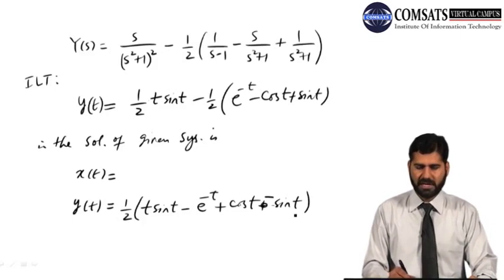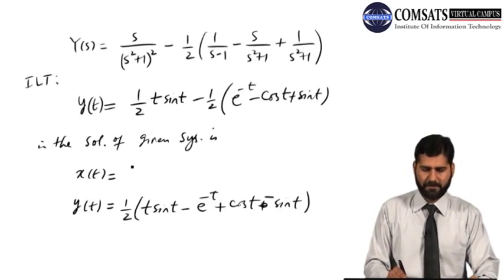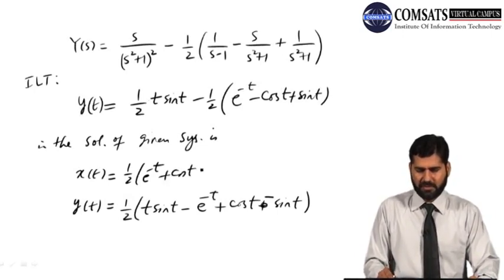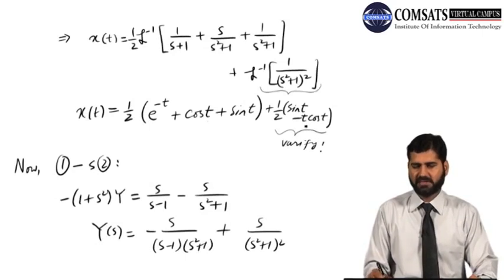This is your solution, and x of t was, again, 1/2 is common over there as well: e to the minus t plus cos t plus sine t, plus sine t minus t cos t.